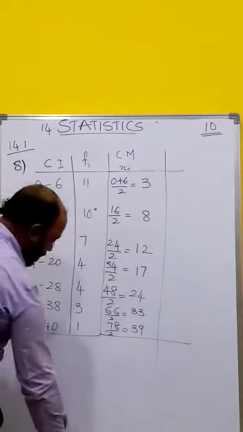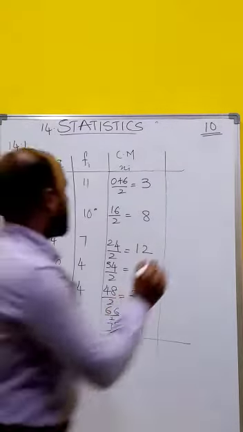Then we will go for fi xi. We have to multiply.